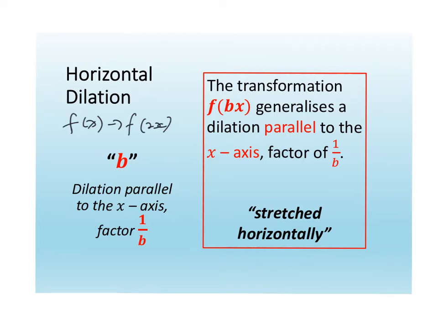The transformation of f(bx) generalizes a dilation parallel to the x-axis by a factor of 1 over b. I will give you an easier way of remembering all this a little bit later, so bear with me for a little while.